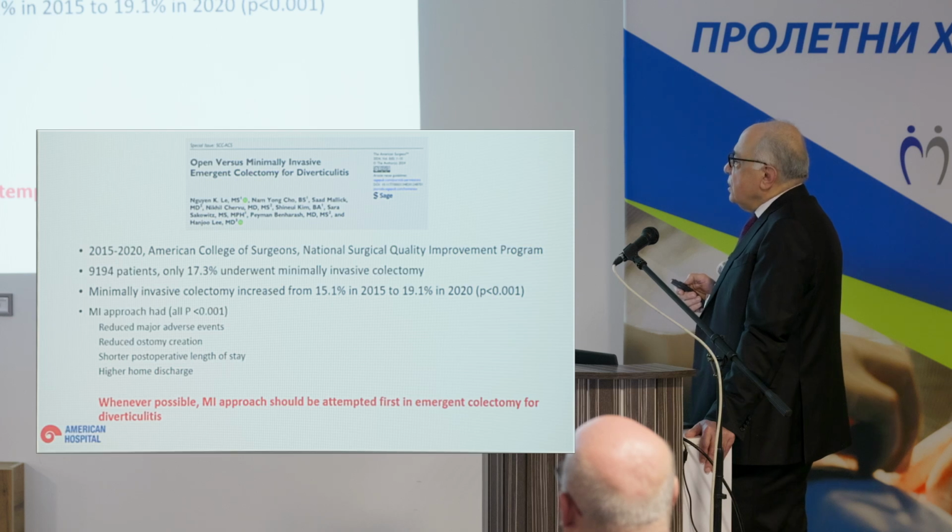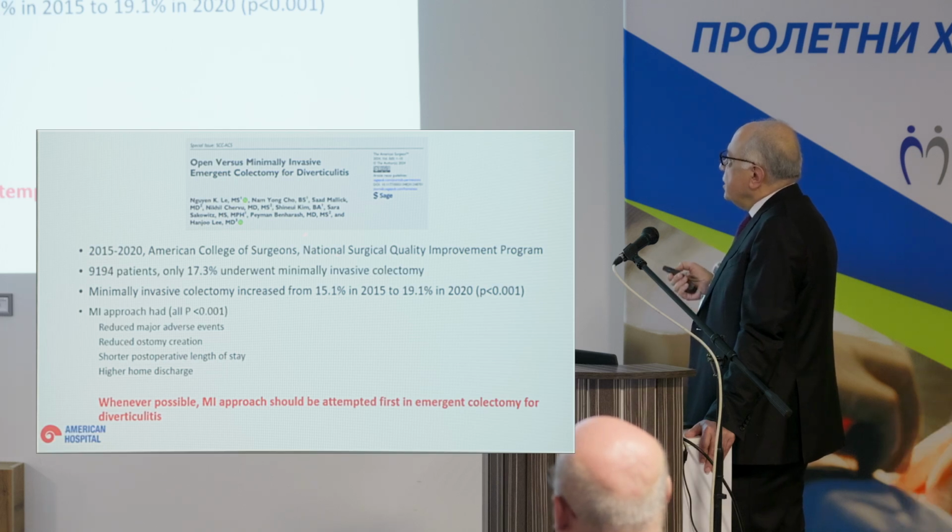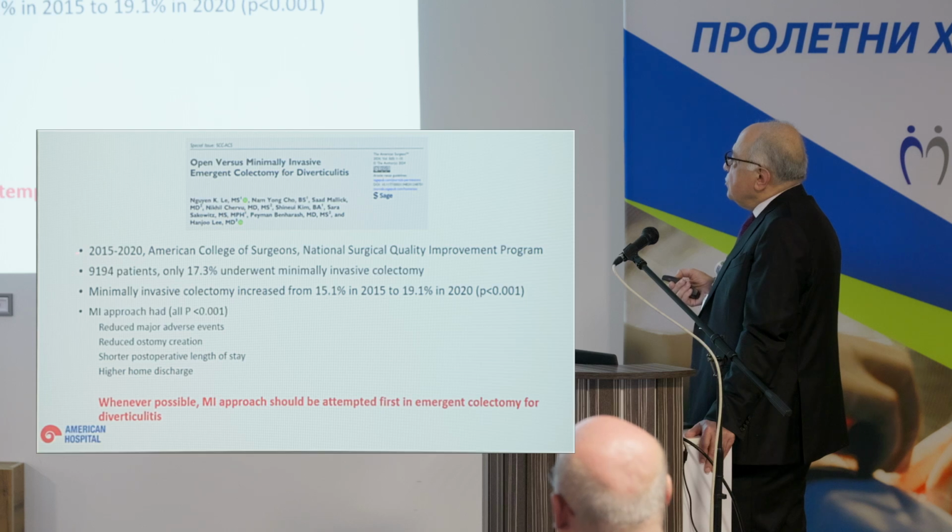Another question: should we do open surgery or minimally invasive surgery for complicated diverticulitis? This is the American College of Surgeons National Surgical Quality Improvement Program study, and almost 10,000 patients were included, and only 17% of the patients underwent minimally invasive colectomy in the United States.